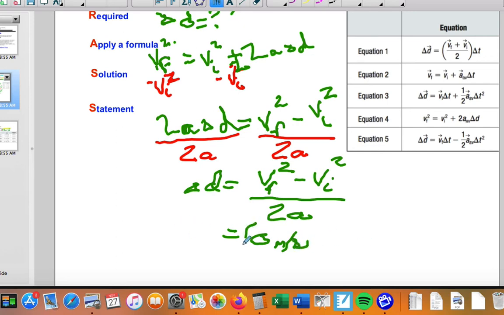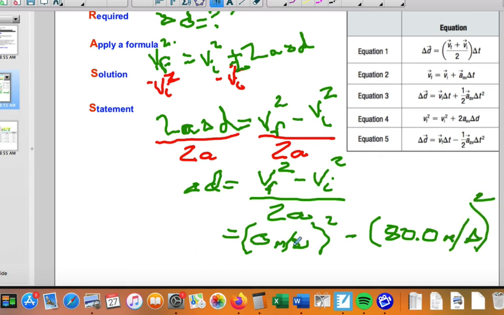And that is squared, and 0 times 0 is 0, minus 80.0 meters per second squared, and we divide that by 2 times negative 9.8 meters per second squared.